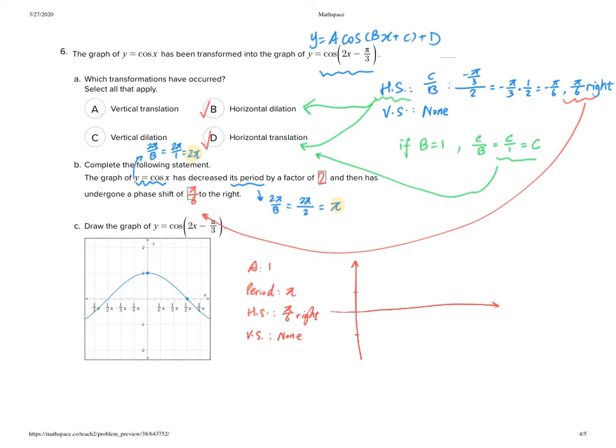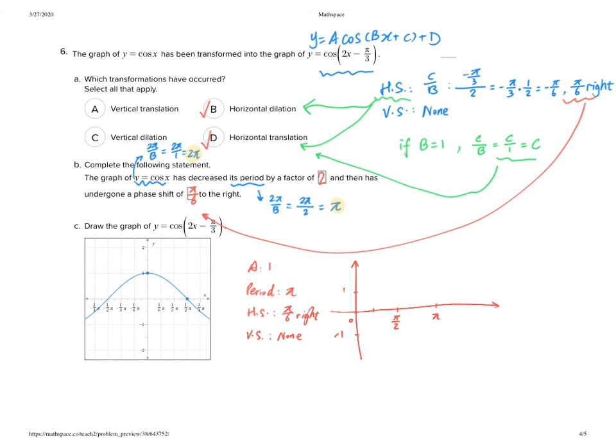Amplitude, we label that on the y-axis, 1 and negative 1. Period, we label on the x-axis, pi. Now we're going to find the midpoints. Between 0 and pi, 0 plus pi divided by 2, pi over 2.